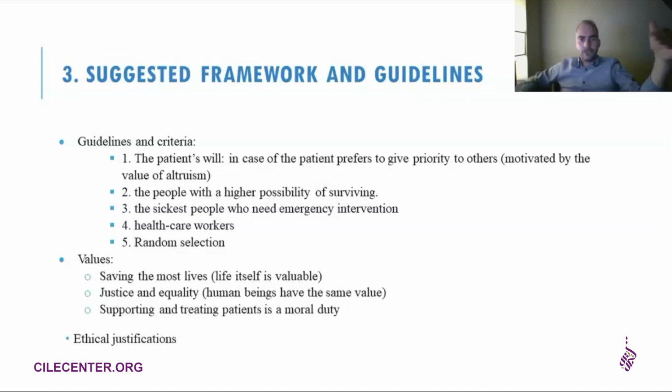Now, number two will be the people with a higher possibility of surviving. Number three will be the sickest people who need emergency intervention. Number four will be healthcare workers who will be able to help us save more lives under this condition, not in general.